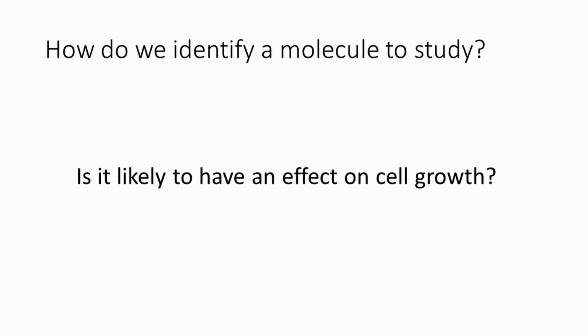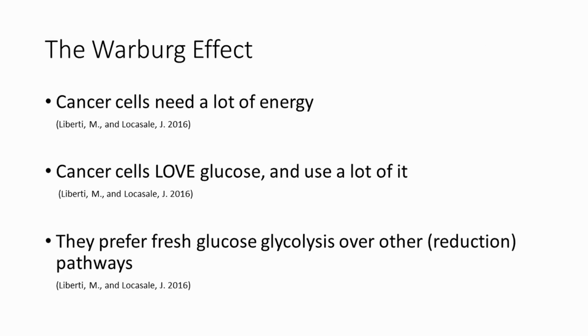Well, we might look to see if the gene has an effect on cell growth as a logical place to start. There's a phenomenon in cancer cells called the Warburg Effect, where cancer cells in their constant replication require a lot of energy, and they seem to prefer fresh glucose over any other sort of energy pathway.